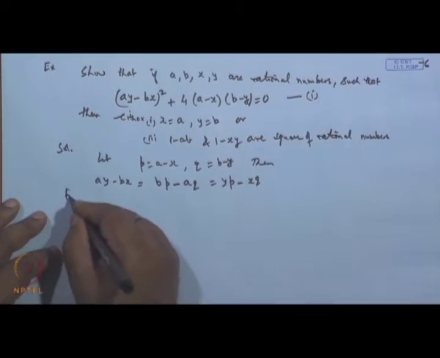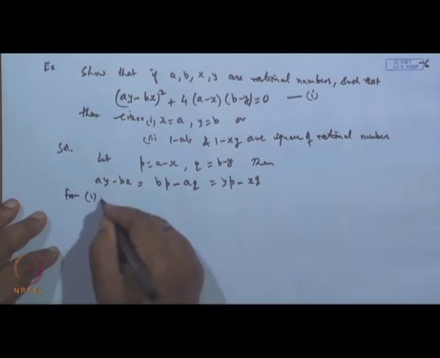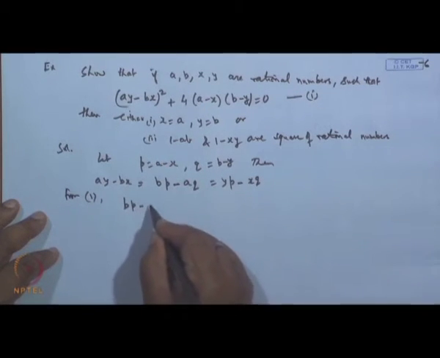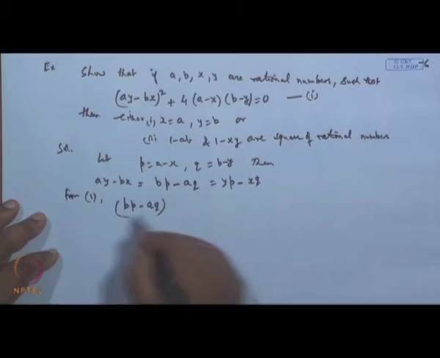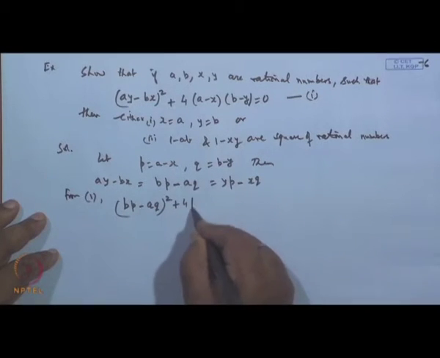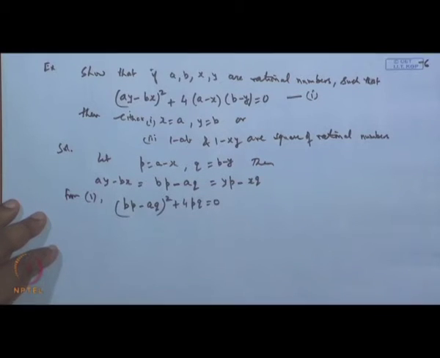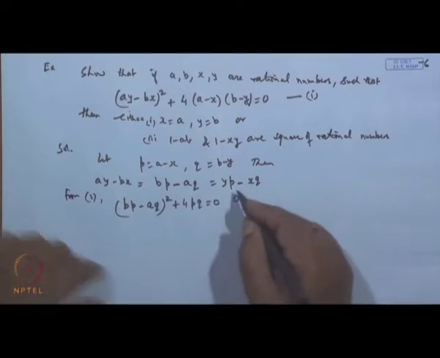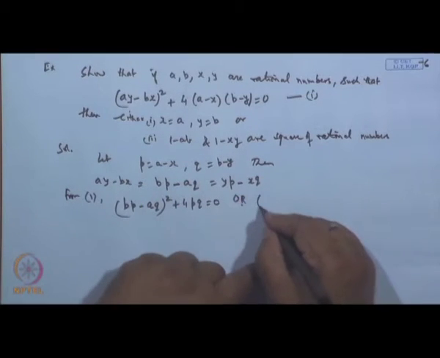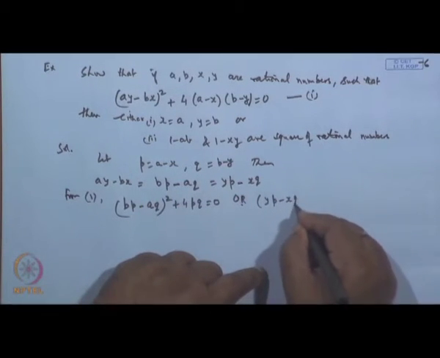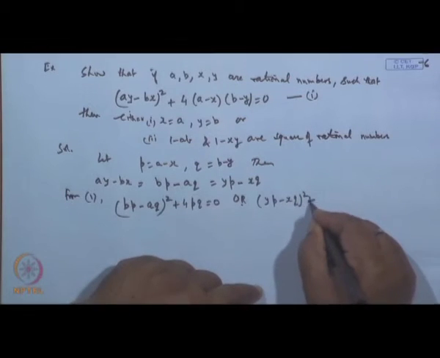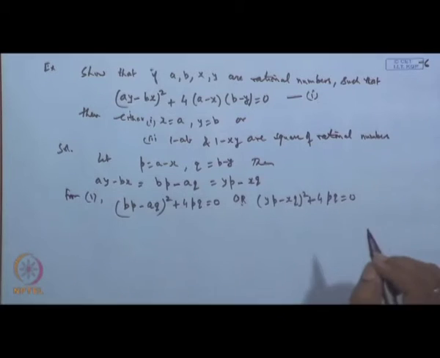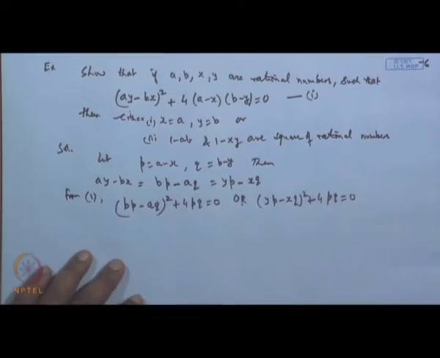So, from the given relation we can write (bp - aq)^2 + 4pq = 0, or we can also write this as, because this is equivalent to this, (yp - xq)^2 + 4pq = 0. Okay.